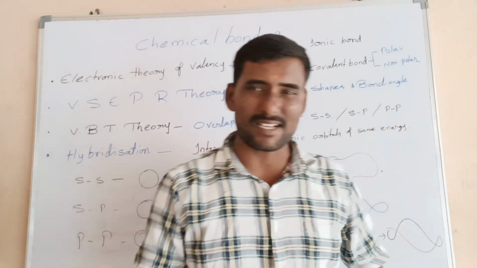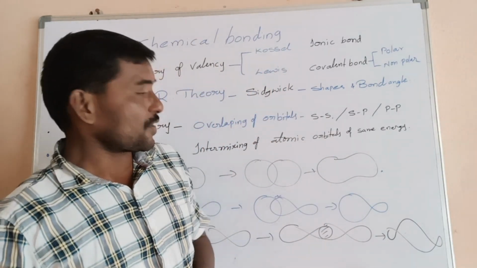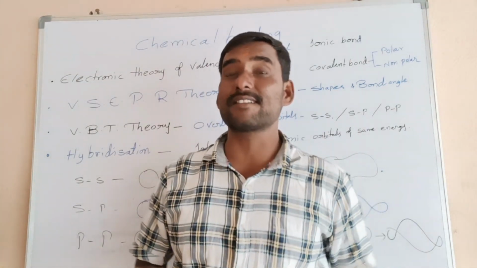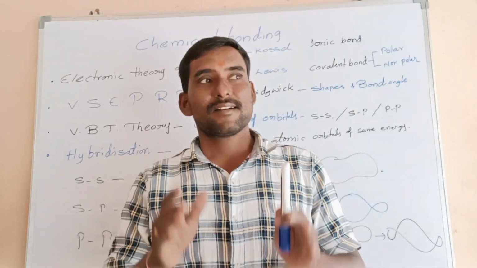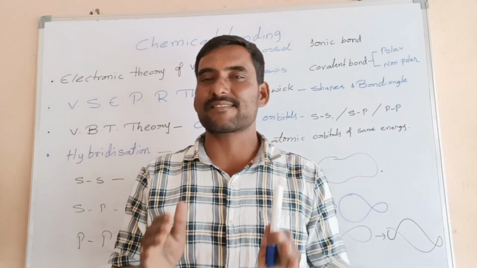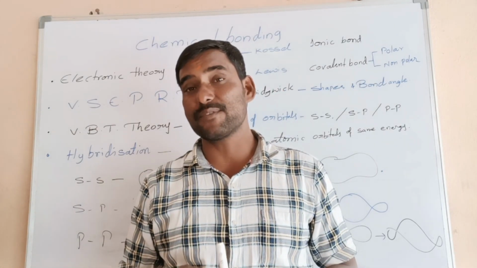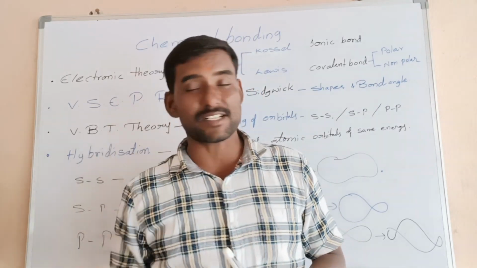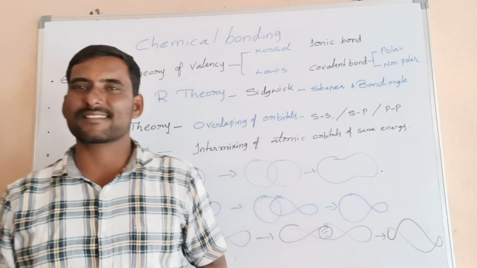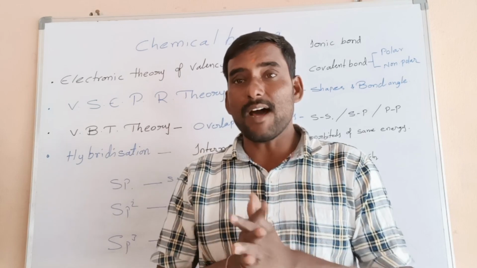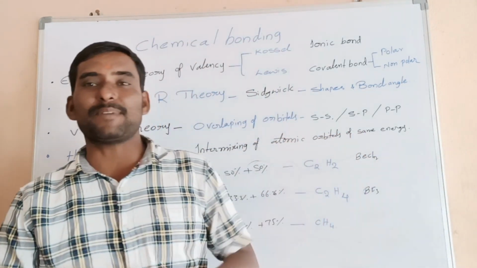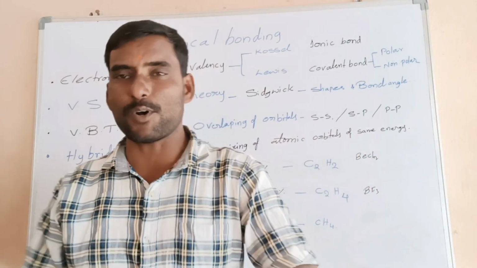SS overlap is H2. So in this way, he explained oxygen and nitrogen molecule formation. Very important question from the exam point of view: formation of oxygen and formation of nitrogen. We'll discuss it. Yes.